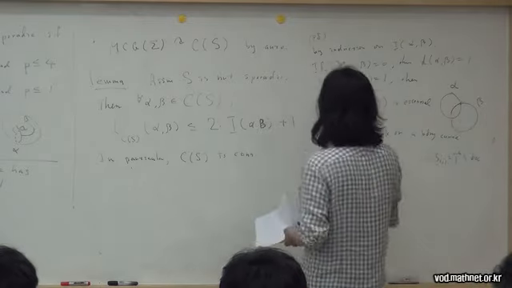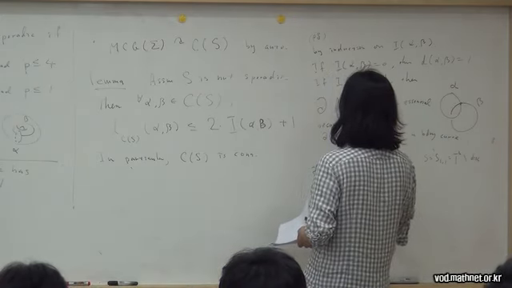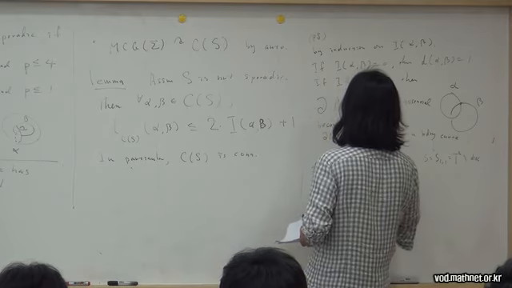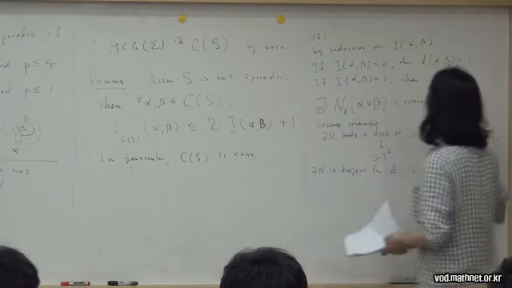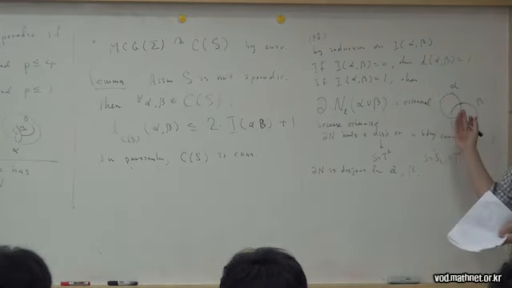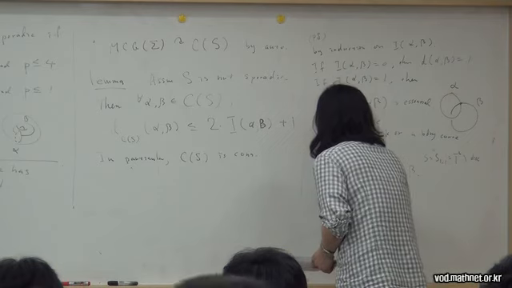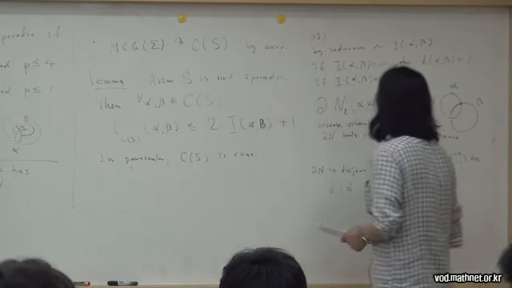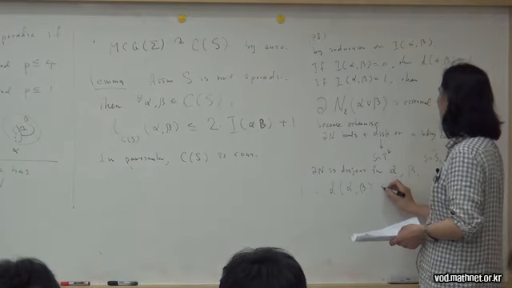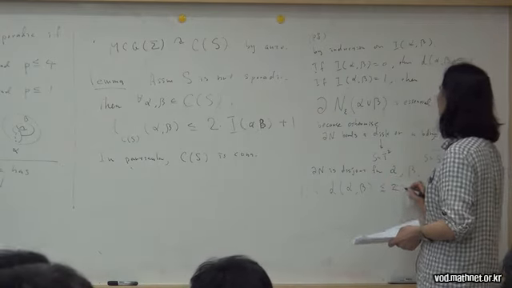But now this is disjoint from alpha and also beta, because by the definition, therefore the distance between alpha and beta is at most 2, right?